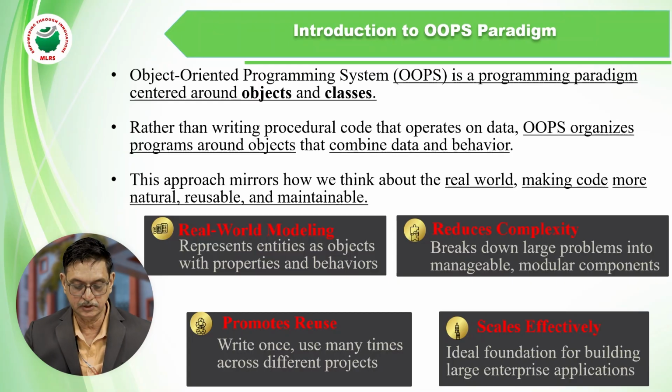What is the main goal in OOPs? It is writing programs in OOPs rather than writing procedure-oriented code that operates on data. OOPs organizes all programs around objects and combines the data and behavior of the particular objects.